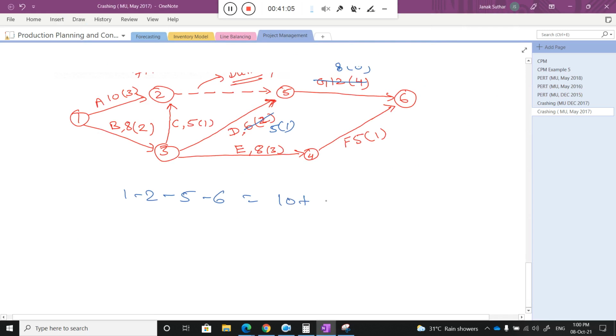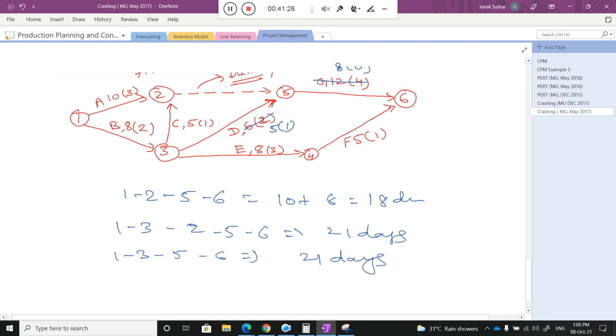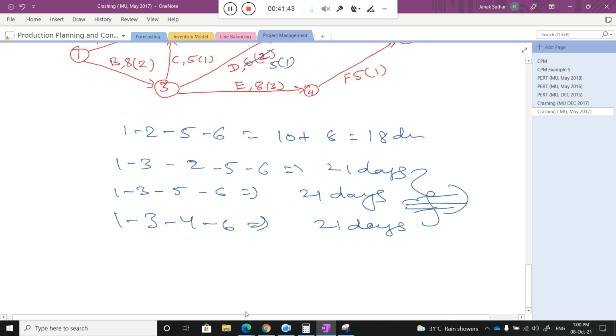Done. 10 plus 8 is equal to 18 days. 1 3 2 5 6, directly I write here 21 days. 1 3 5 6, again 21 days, and 1 3 4 6, again 21 days. So here 3 critical paths are available now. Now 21 days is the project time.